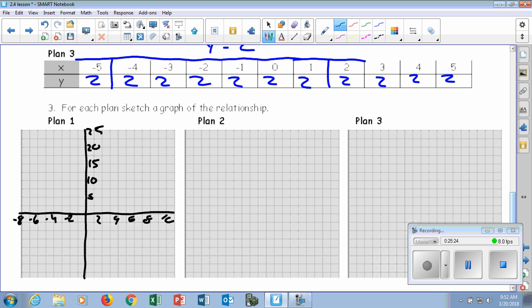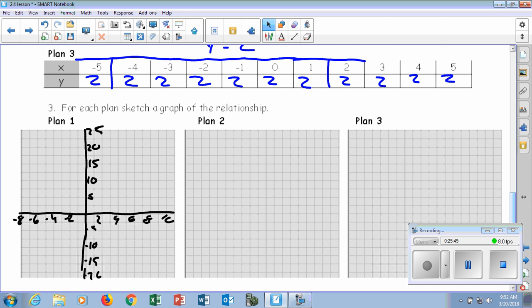I'm given some big numbers in the 20s. So if I go by ones, those numbers are going to be way off the graph. 5, 10. Okay. About that. Right around there.